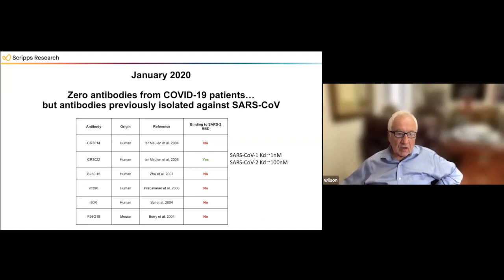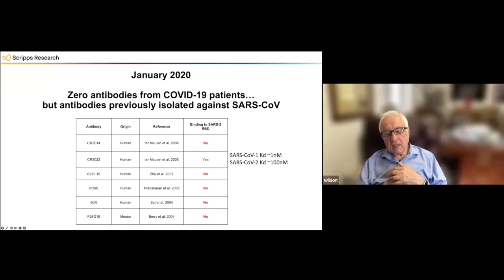There were a number of antibodies that one could pull out and express. One of them, again from Purcell, bound well to SARS-1 and moderately well to SARS-2. This gives us a basis for then trying to grow crystals with the receptor binding domain of the spike protein along with this particular antibody.